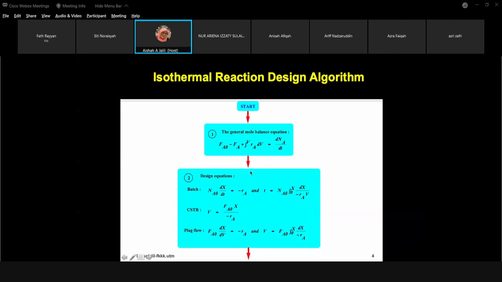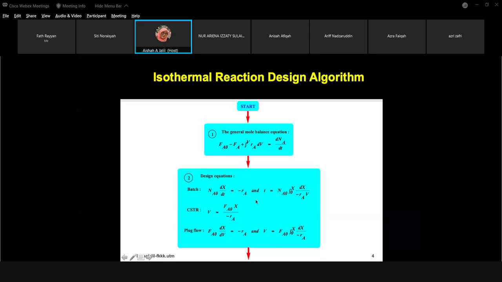Then from the GMBE, you can choose which one you want, whether the batch system, the CSTR, the PFR, or the PBR.